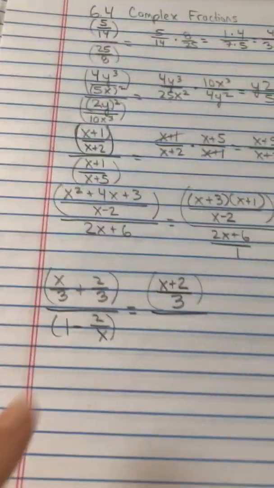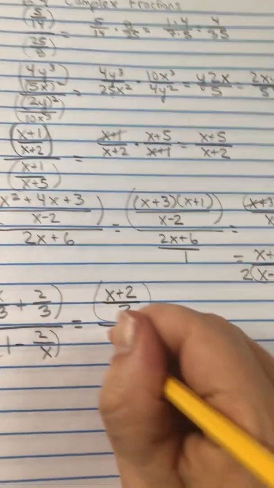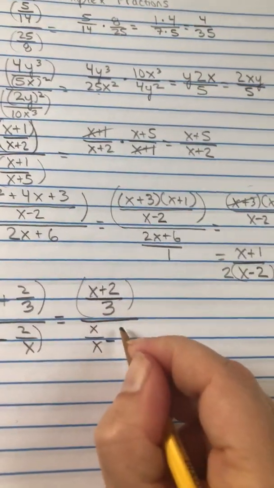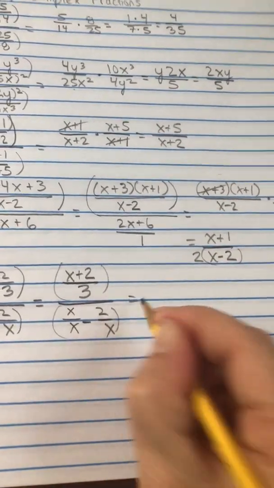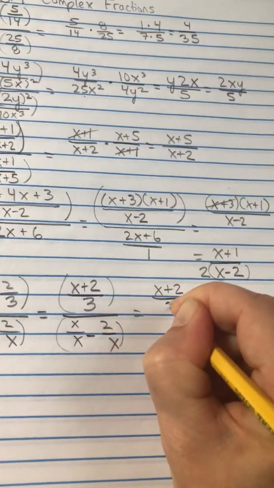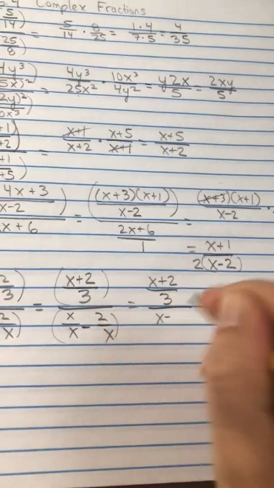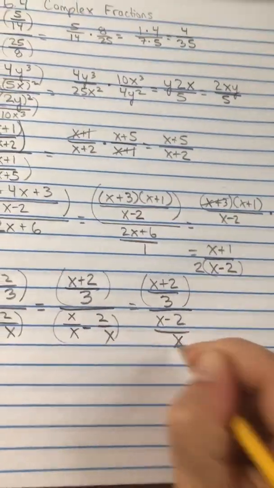Here, we're going to have to find that the common denominator is x, so we're going to have to multiply this by x. And we'll get x over x minus 2 over x. Okay? So then you'll get x plus 2 over 3 over x minus 2 over x.